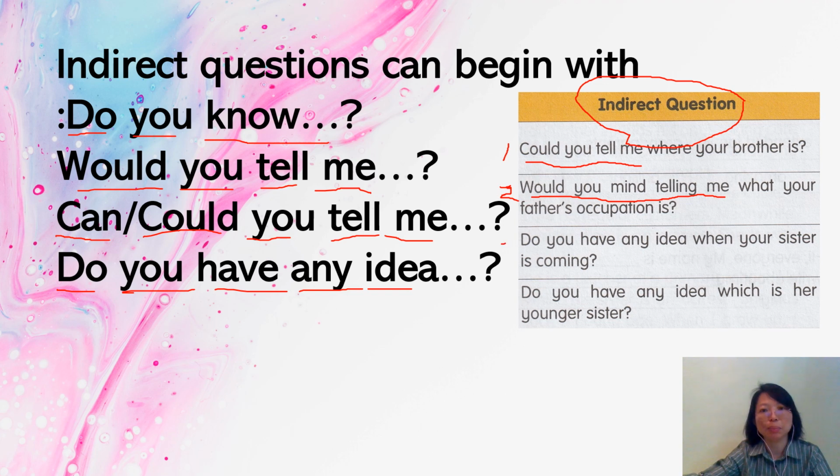The third example, number 3. Do you have any idea when your sister is coming? And the last example, number 4 here. Do you have any idea which is her younger sister?